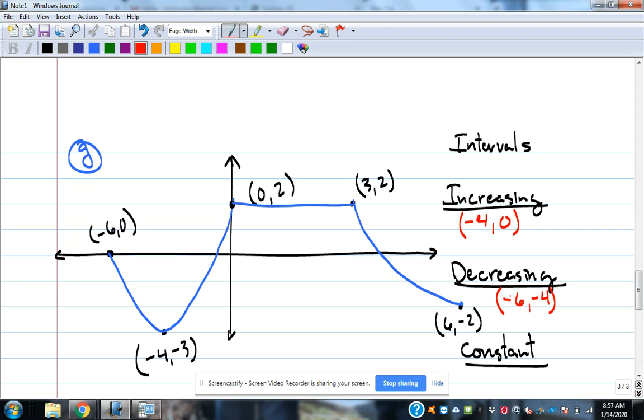The graph ended there, so it's just going to start at -6 and then go to -4. And then, are there any other decreasing intervals? 3 to 6. And you don't put a U between those. They're just listed separately there, 3 to 6.